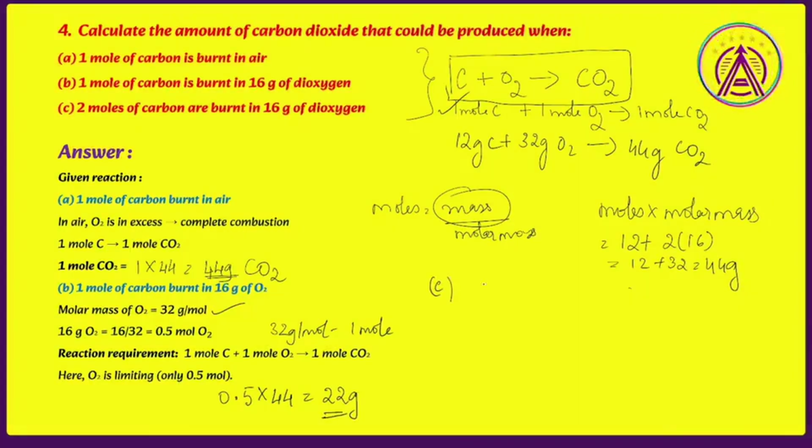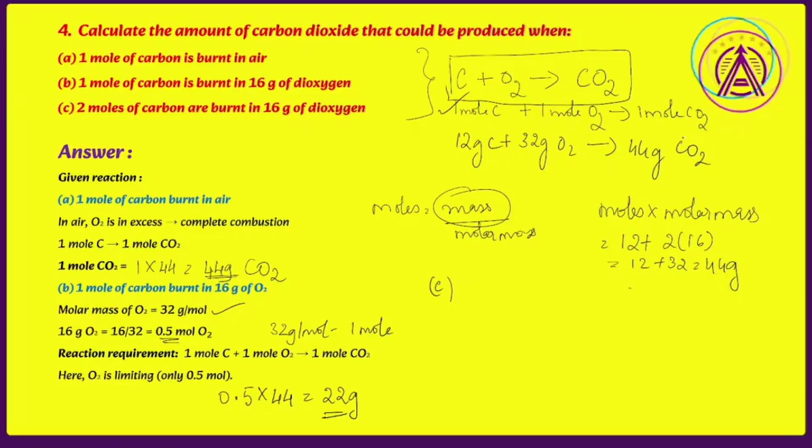Similarly, if I want to try out my option C, I have 2 moles of carbon which are burnt in 16 grams of dioxygen. So from our second part B, we have seen that 16 grams of dioxygen is nothing but 0.5 moles. Okay. So again, if I see my relationship, I need 1 is to 1 is to 1 ratio for the proper reaction. Now if oxygen is 0.5 moles, irrespective of how much carbon is there, it will react in 1:1 ratio.